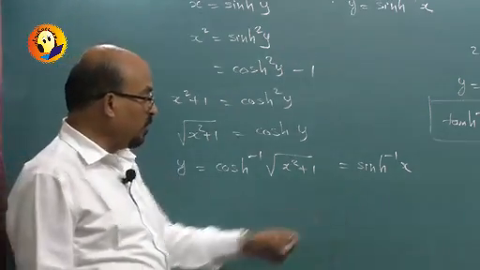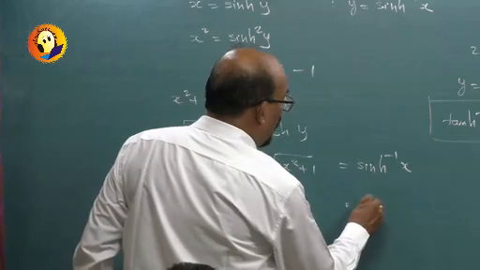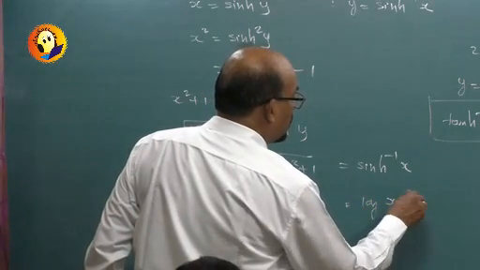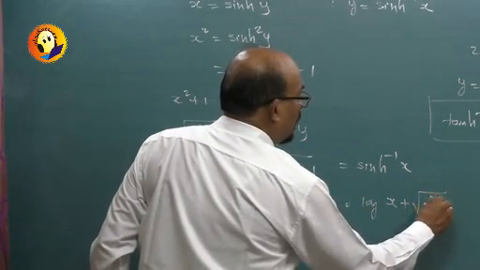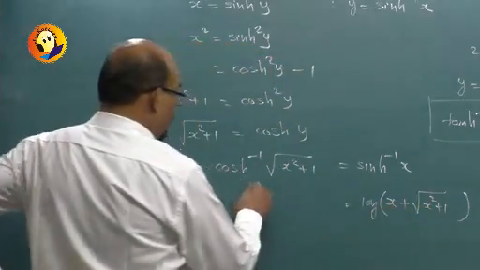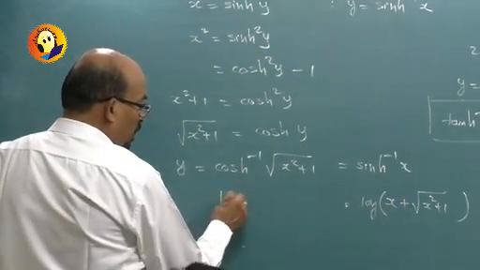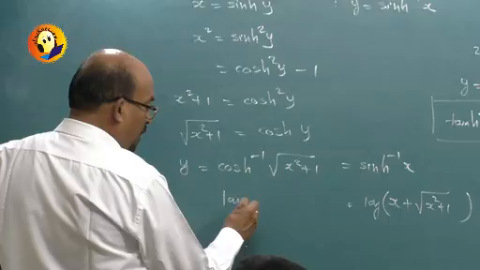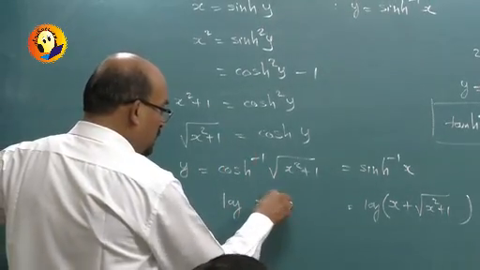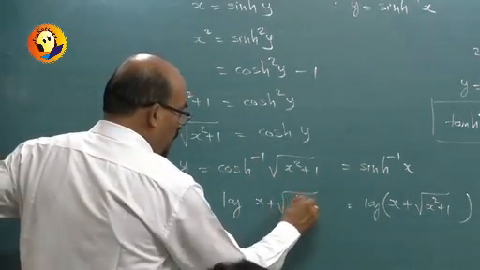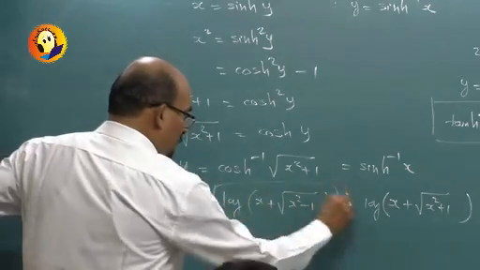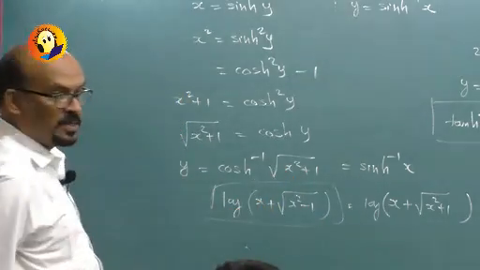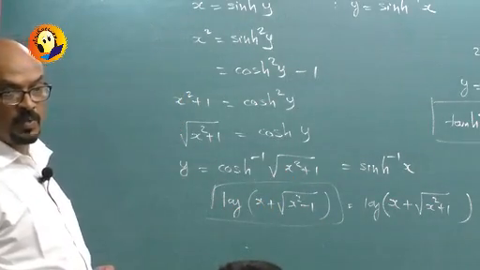What was the formula for sin inverse x? Log of x plus under root x square plus 1. And what is this formula? Log of, the original formula is x plus under root x square minus 1. You are required to substitute for x the square root of x square plus 1.